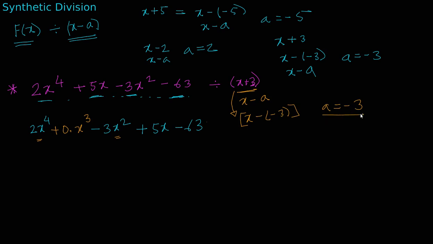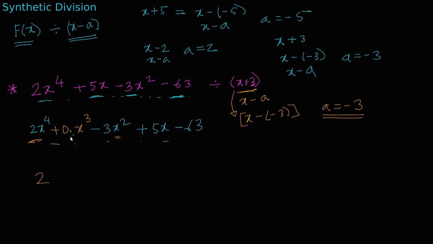That is the bottom line from my divisor, and that is very important. Now I am going to write only the coefficients of my dividend. First of all, for the coefficient I have 2, so let me write down 2 very big.